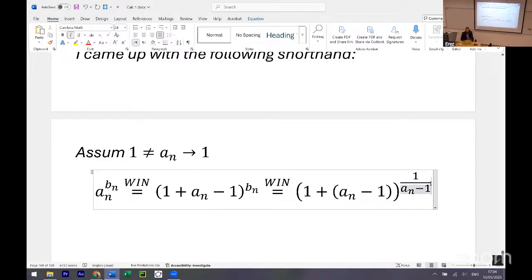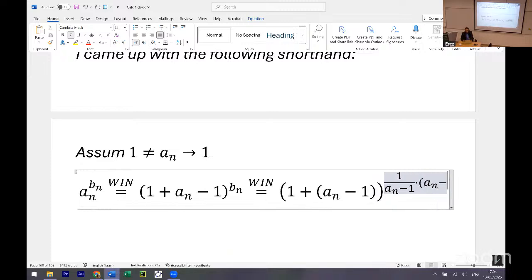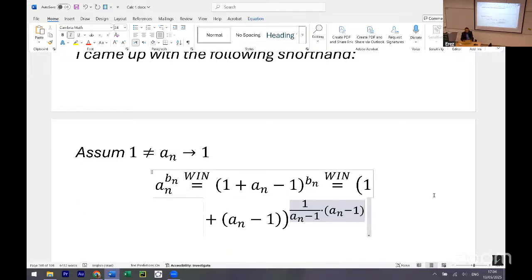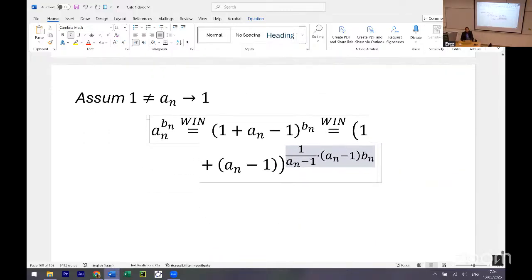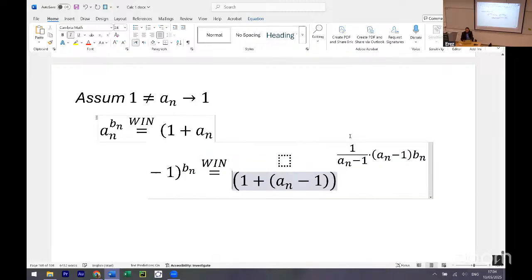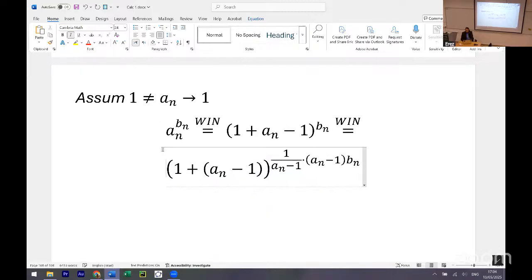But again, this is not what we have. How can I correct it? I multiply by what I divided, and by the original power that was there. Okay, cool.